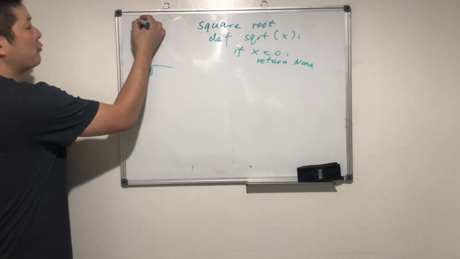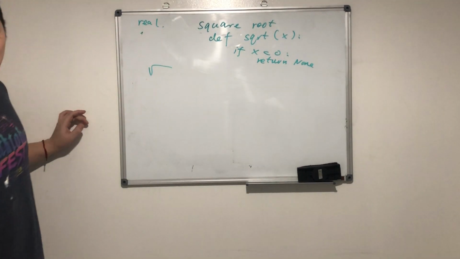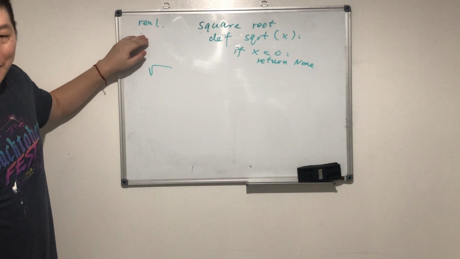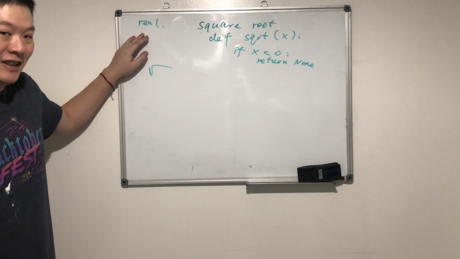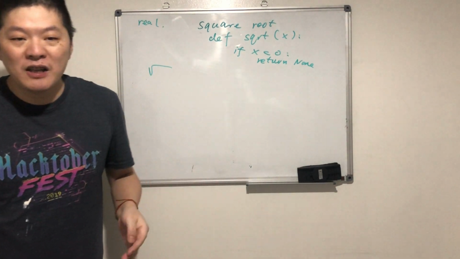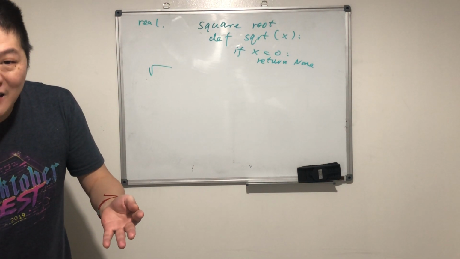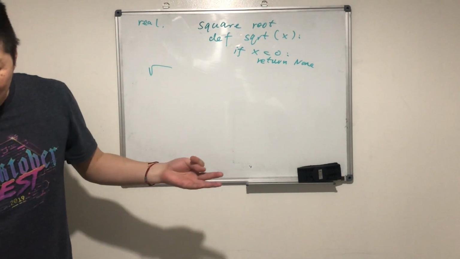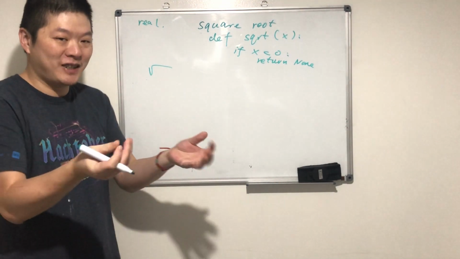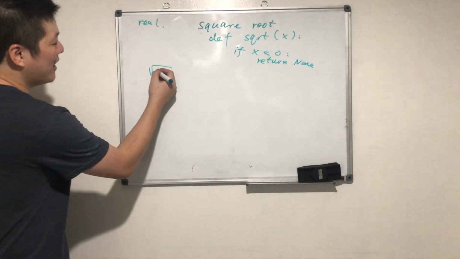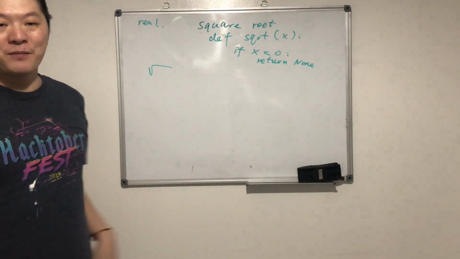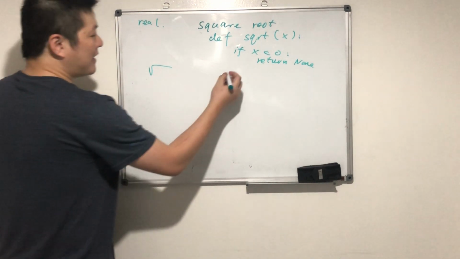What I'm talking about is real numbers. You will learn other numbers, like imaginary numbers, later. But the numbers we use daily, like 1, 2, 3, 2.5, square root of 2, are real numbers. So if x is smaller than 0, we return None.